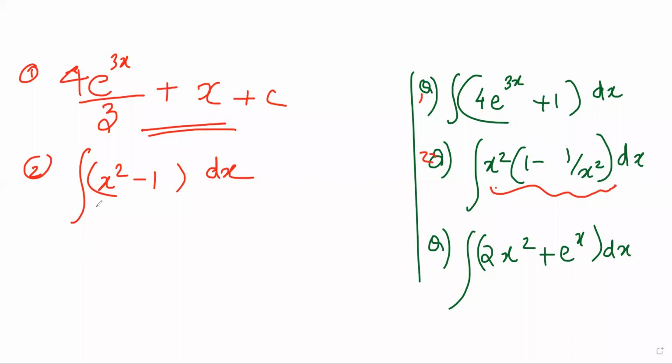What is the integration of x square? x raised to n plus 1 by n plus 1. So x cubed by 3 minus, what is the integration of 1? That is x plus c. Got it? Those who are studying for the first time, I need a reply from you people.